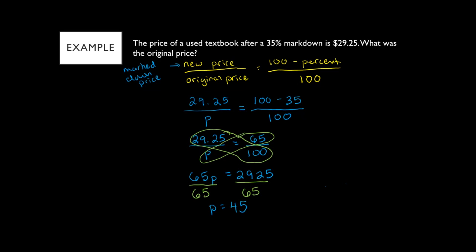So that tells us that the original price was $45 before it was marked down. So the original price of the textbook was $45.